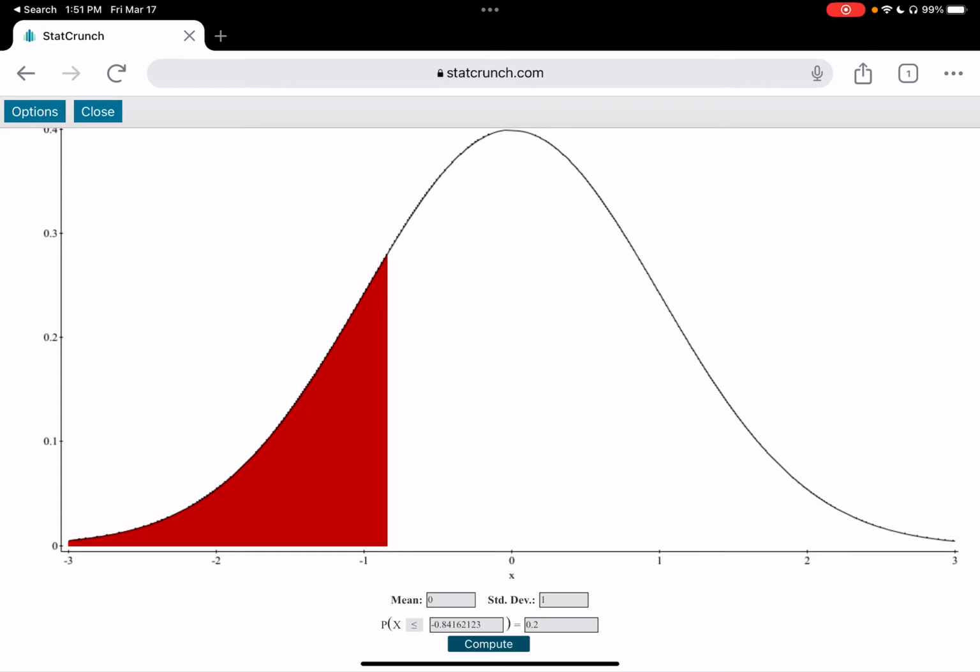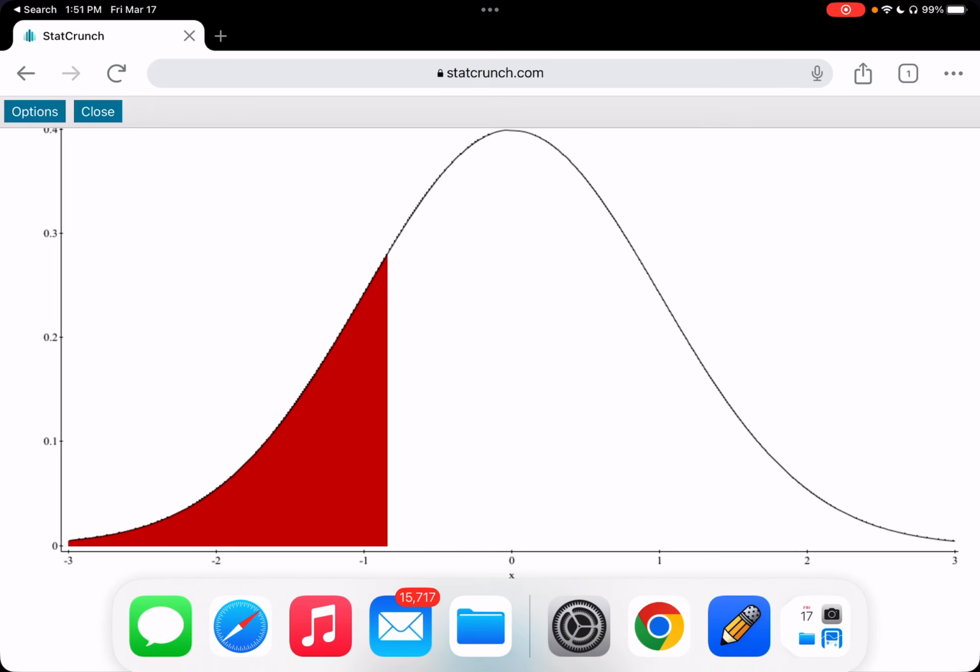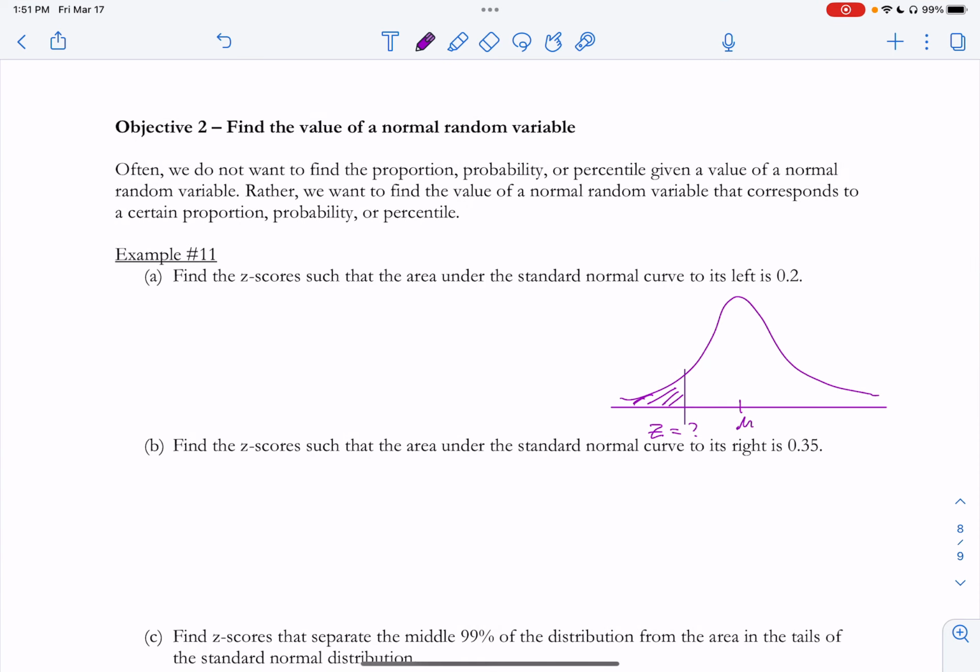You can see its graph looks a lot like mine, and what I have is a z-score of negative 0.8416. So if we pop back over here, z equals negative 0.8416. That's the z-score where the area to the left is 0.2.